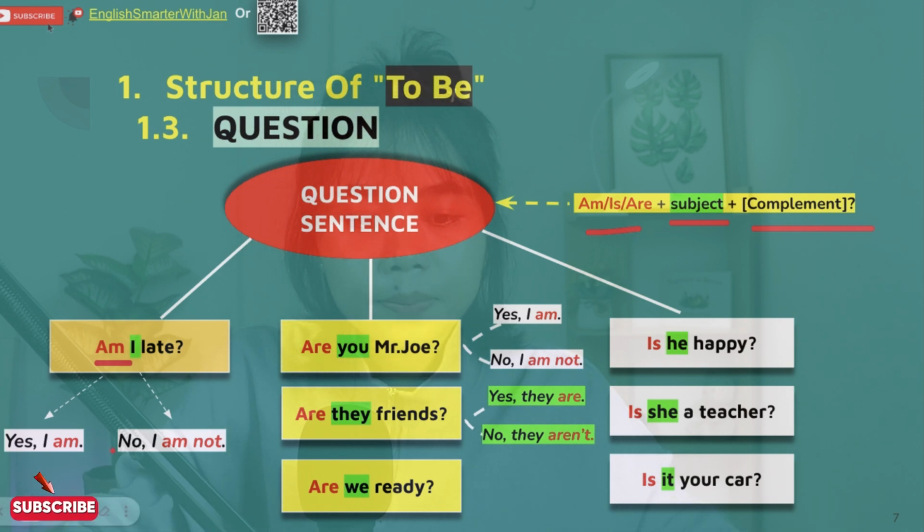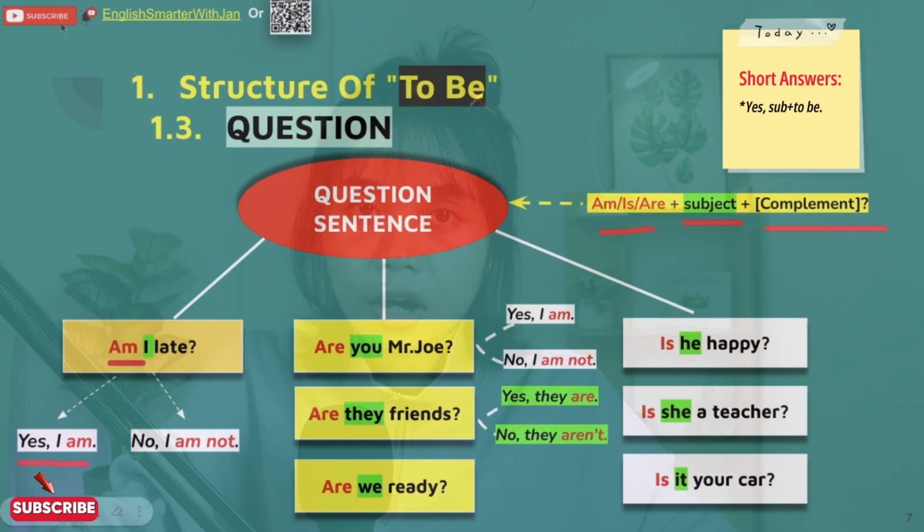Okay, so based on these examples of the short answer, you can see that to provide the short answer, the structure for the positive answer starts with the word yes and then is followed by the subject and the verb to be.